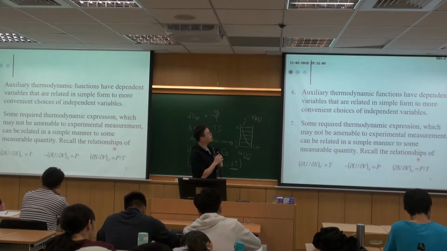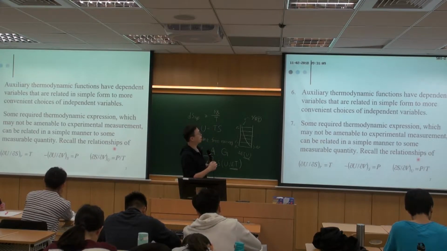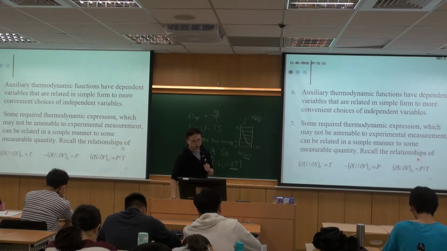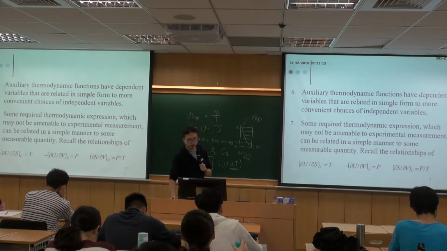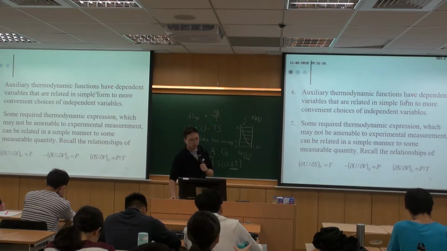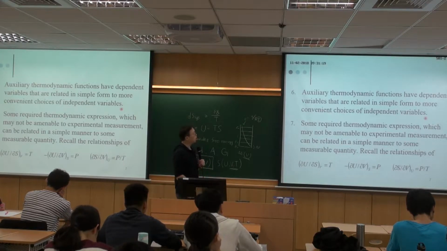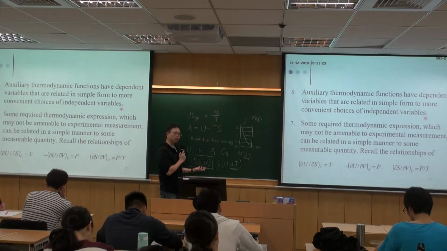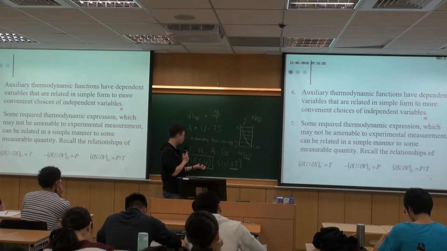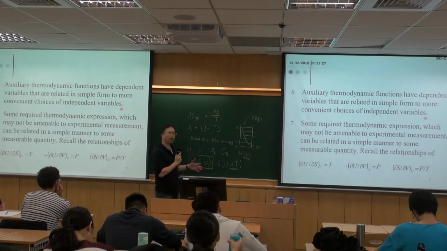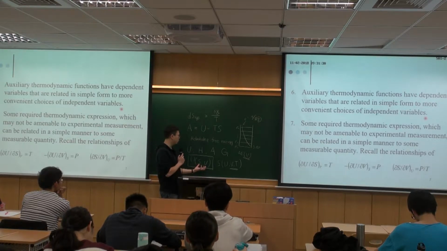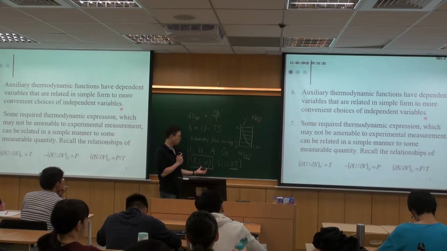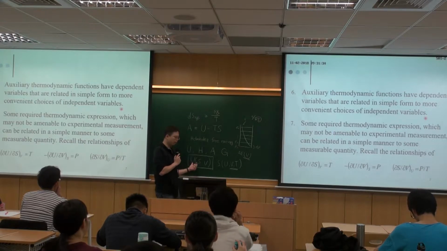So the auxiliary thermodynamic functions have dependent variables that are related in simple form to more convenient choices of independent variables. Which means that if you're dealing with a system or a problem that's giving you entropy and volume, then of course you don't have to do anything. You can just use these two independent variables to discuss this dependent variable.